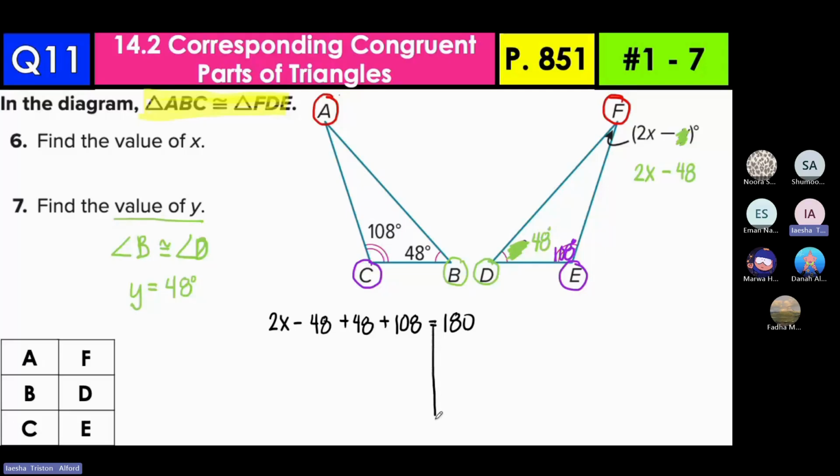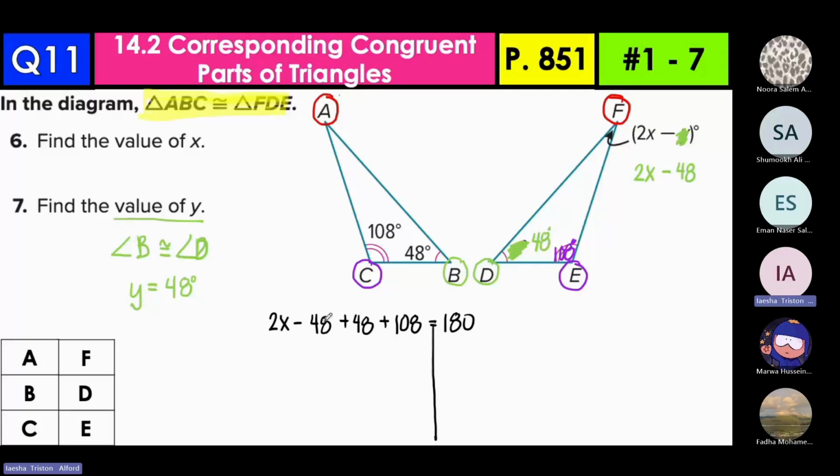Negative 48 plus 48 gives you 0. So the next line: 2x plus 108 equals 180. Subtract 108 from both sides.